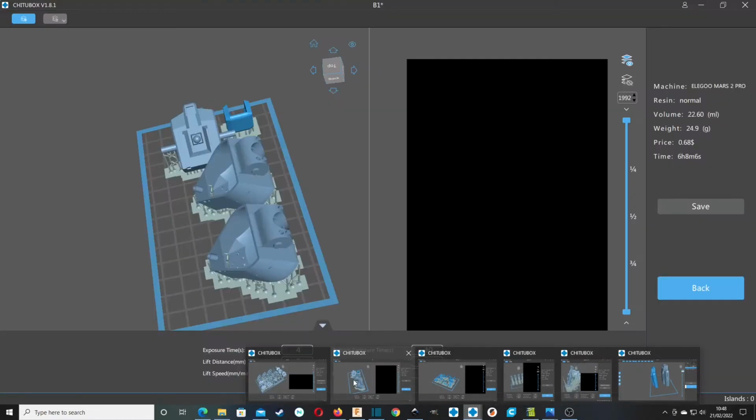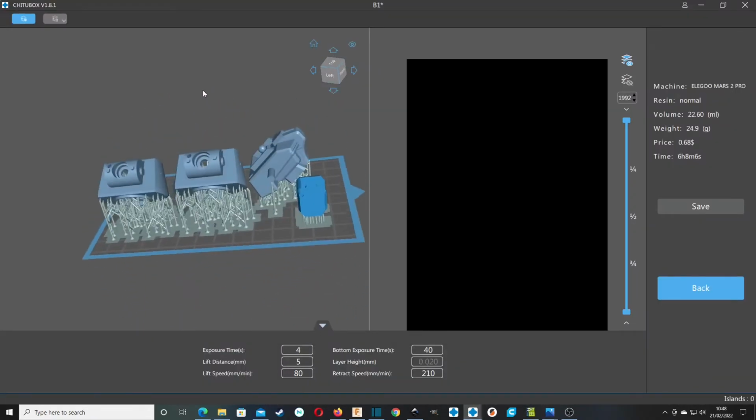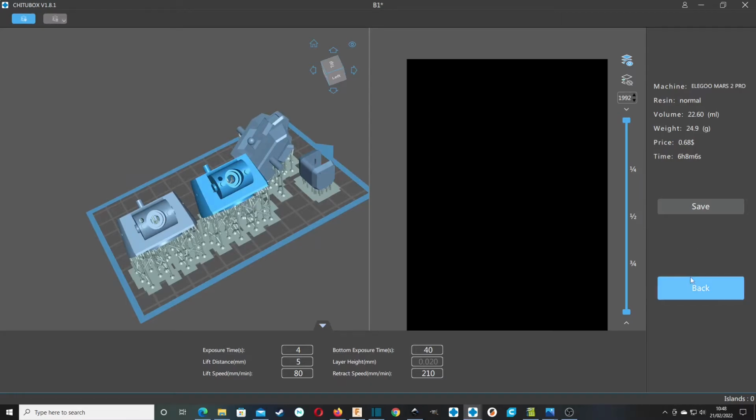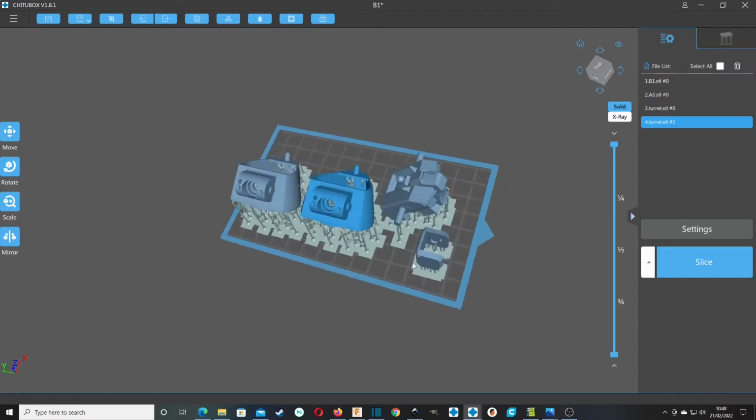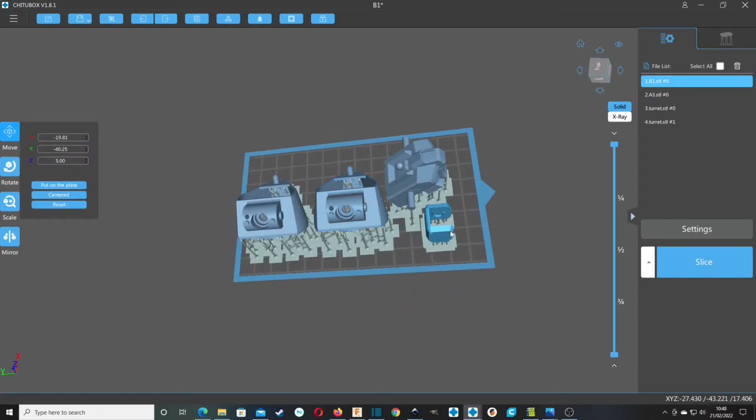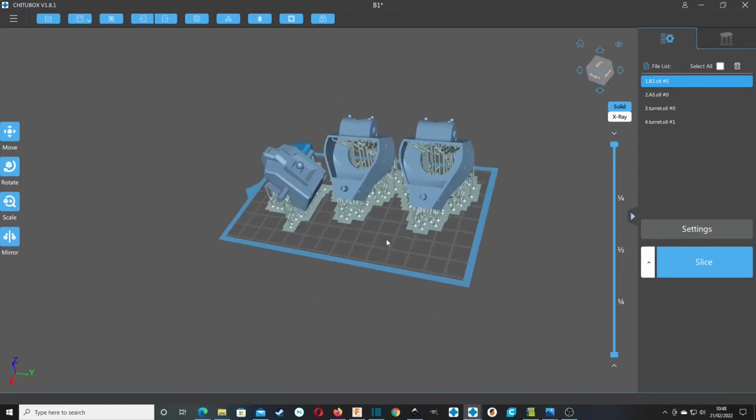Now, this is more likely to be the job that you come to me with. So this is kind of me printing up some odds and ends because a print that I was working on this morning failed, and I also needed a couple of extra turrets for something.